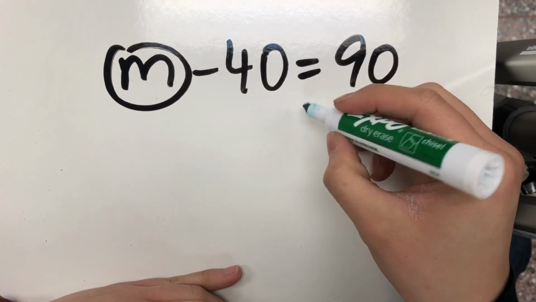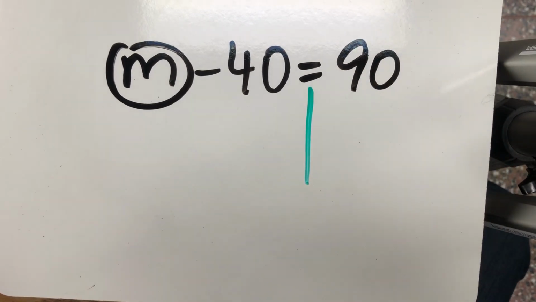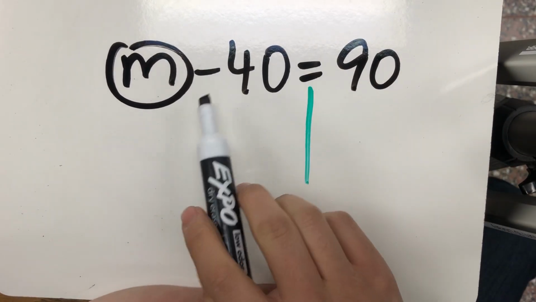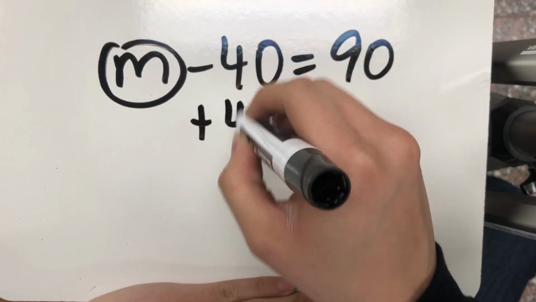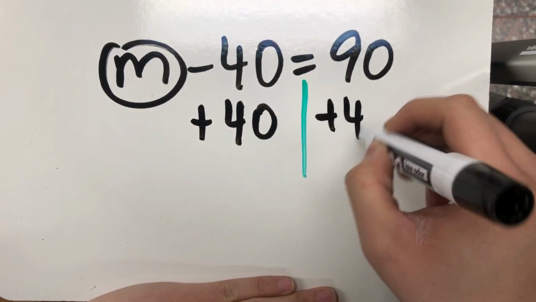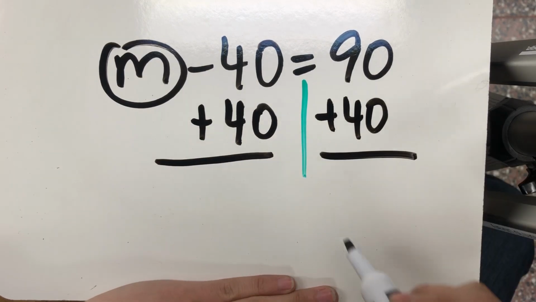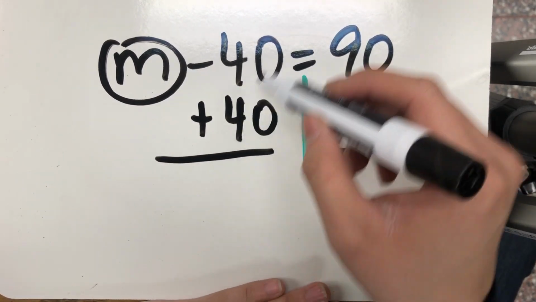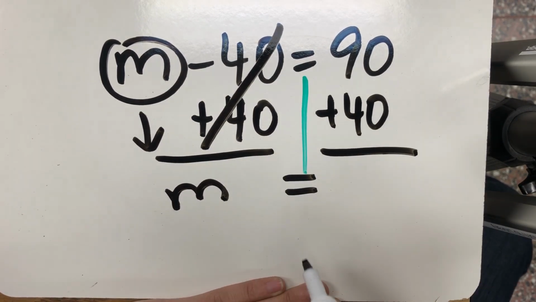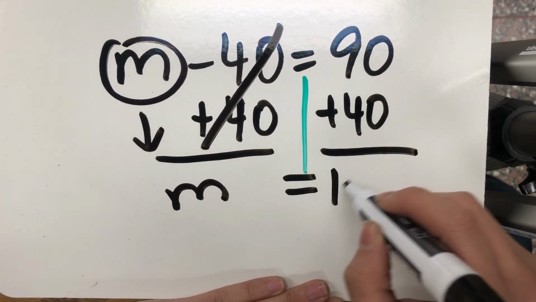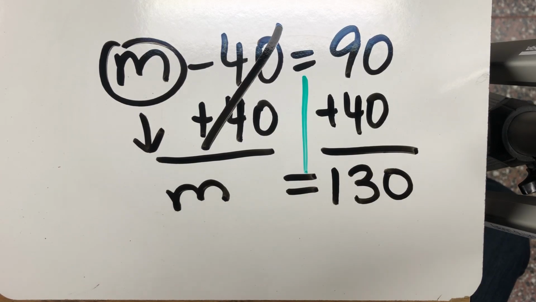I'm going to split my equation down the equal sign. These are my 2 halves. What is the opposite of negative 40 or minus 40? It's plus 40, so I'm going to add 40 to both sides. Negative 40 plus 40 is 0, so I'm left with just this m, and the value of my m is 90 plus 40, which is 130.